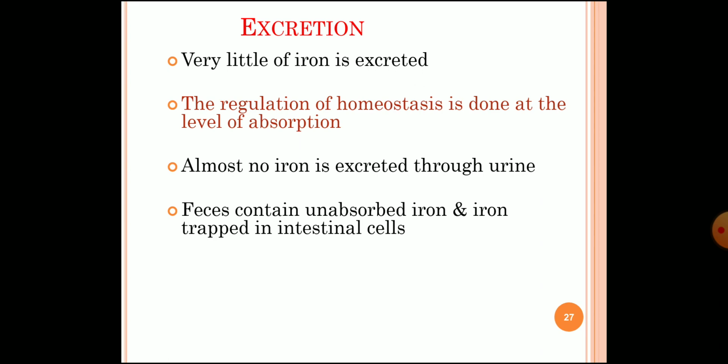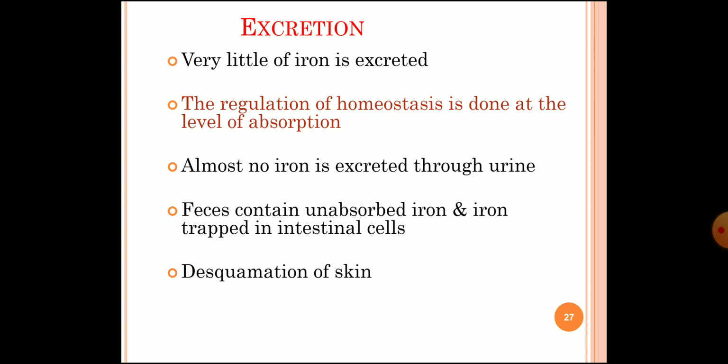Whatever iron is there in the mucosal cell which is not needed for the body, when the desquamation of the cell occurs, when the cells are destroyed by wear and tear, passes through the feces, and that is a loss of iron through the feces. Sometimes the iron which is not absorbed is also excreted through feces. And also by the desquamation of the skin. All the cells contain iron, isn't it?